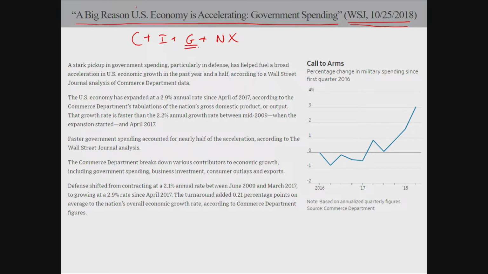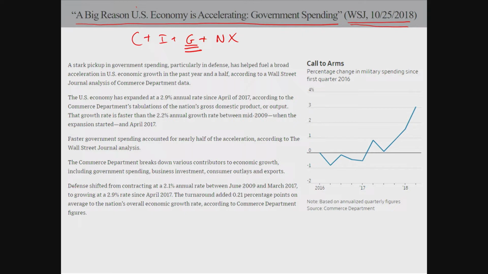This article makes the point that government spending, G, is a big reason that the U.S. economy was accelerating in late 2018. And this was right around the time that Federal Reserve Chair Jerome Powell said that the economy was doing really well. This was a time of a lot of strength.